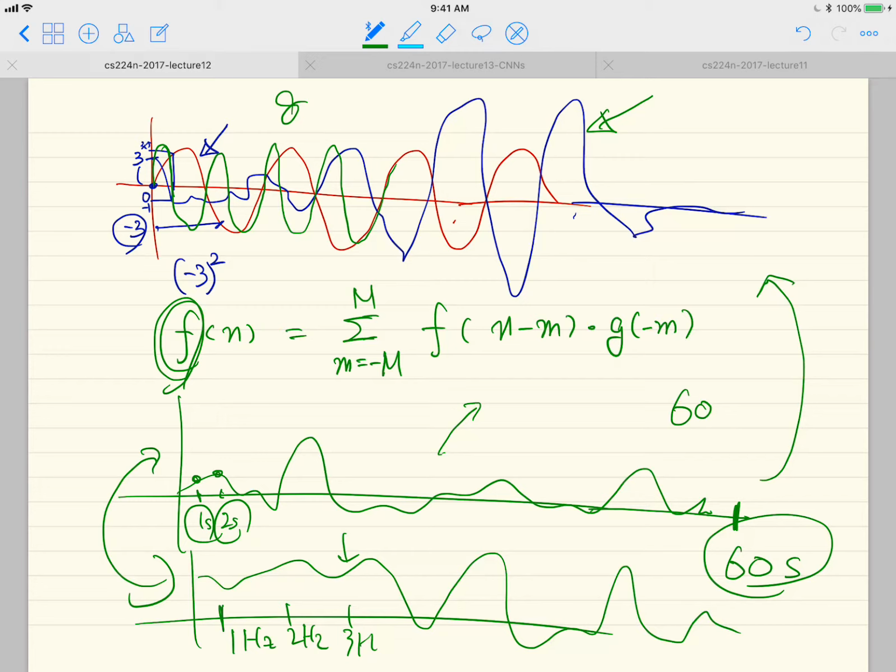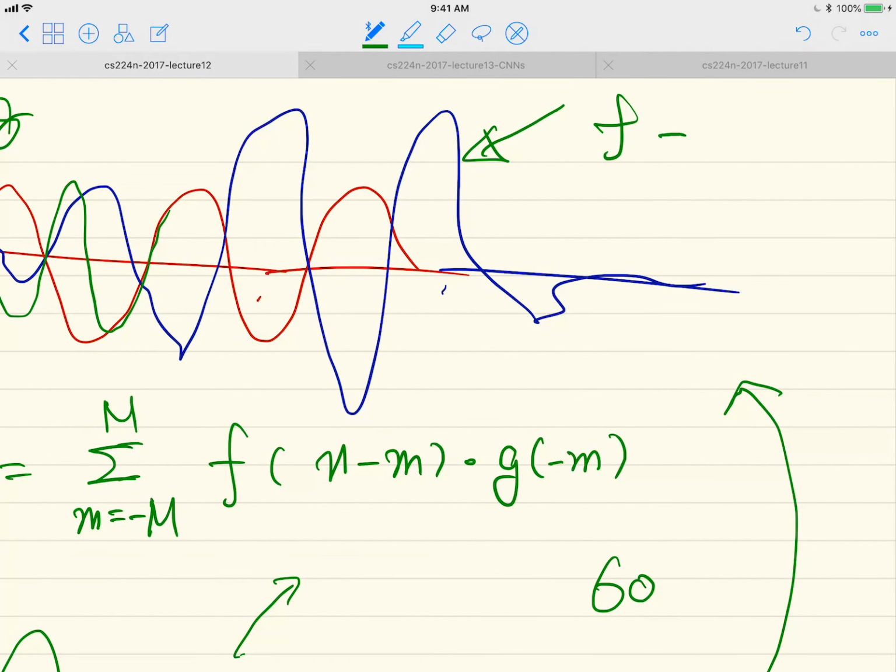And then we can do the convolution between these two signals. If we do this convolution between these two time domain signals, let's think about their frequency domain representation of f and g.